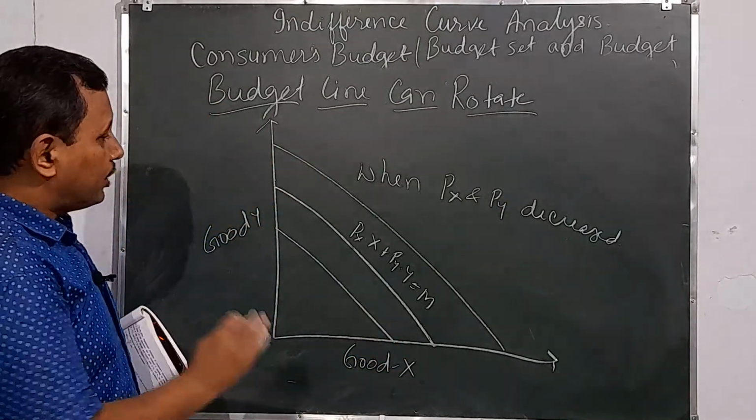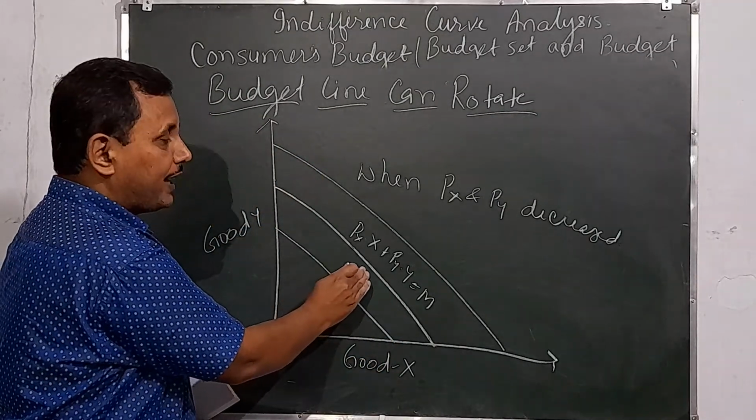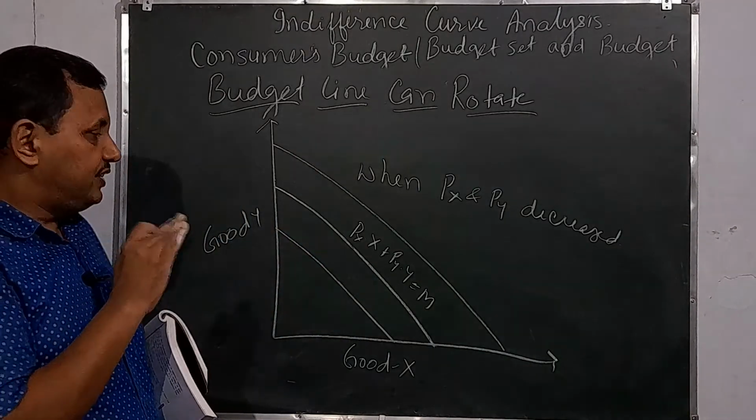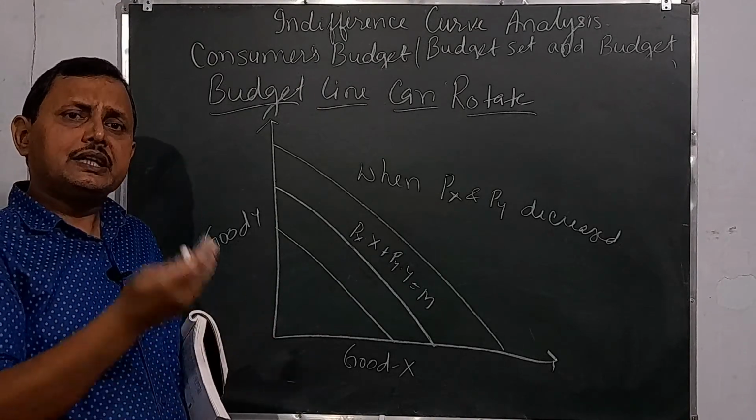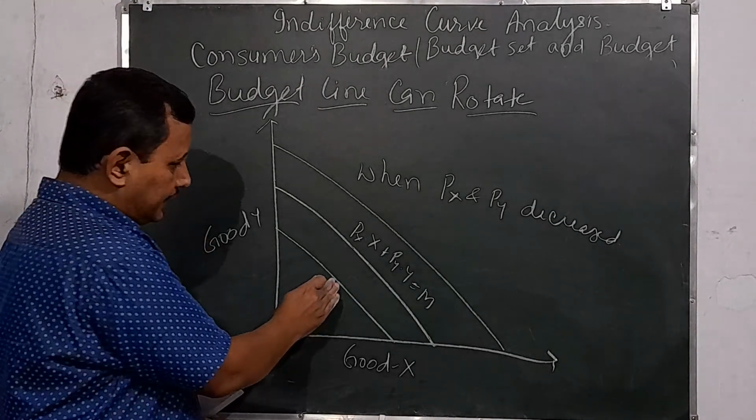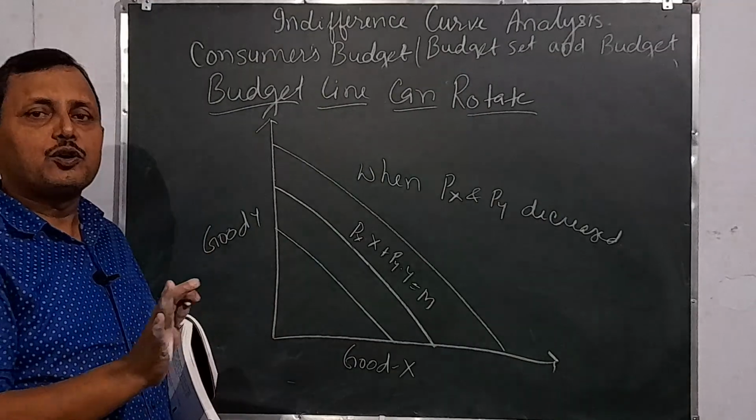Again, it is not necessary that the budget line will be parallel to the original or initial budget line. Okay. If the prices of both goods change in the same proportion, then it will be parallel, otherwise it will not be parallel.